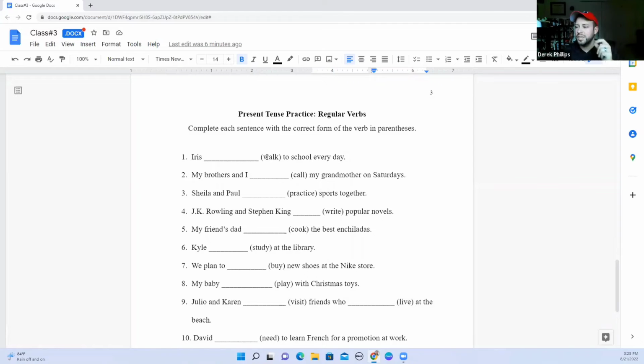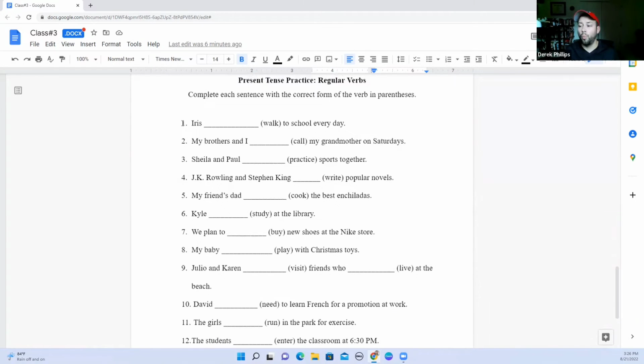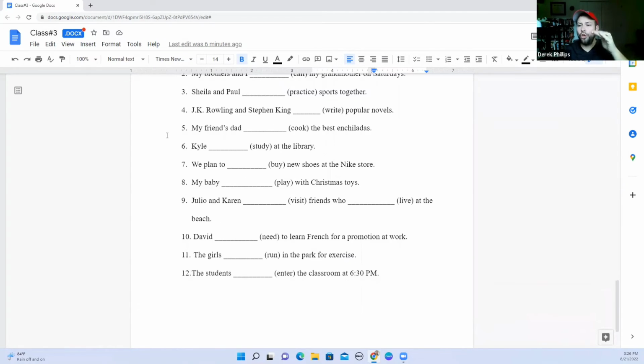Pay attention to the verb in parentheses. And remember our rule. We only add S to the end of the verb if we want to talk about one single person, okay? Try number 1 all the way through number 12.